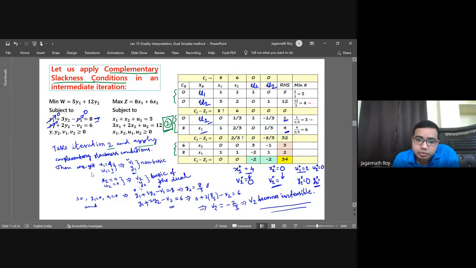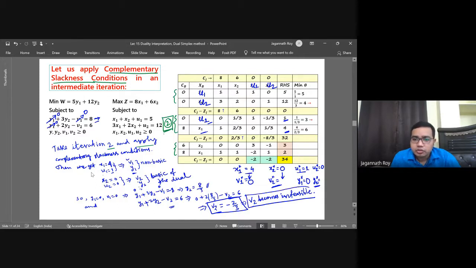Substitute this value in this equation, and v2 becomes negative. So this indicates that v2 becomes infeasible. So the dual is infeasible now, and we cannot conclude that we have reached optimality.